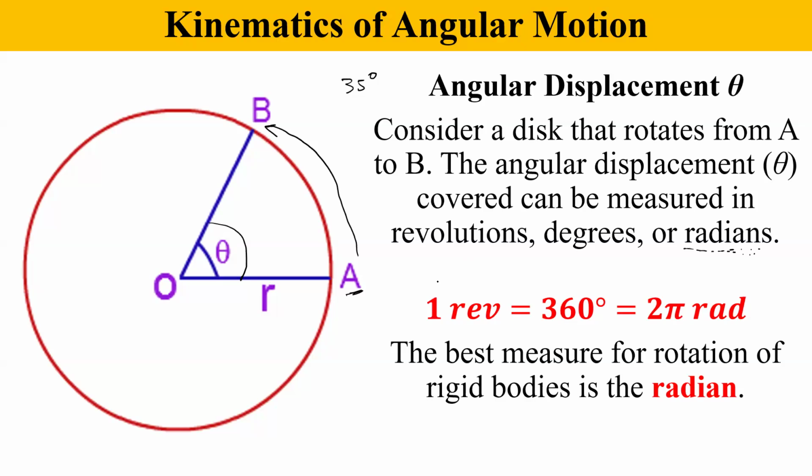It was discovered and established that 1 revolution is equal to 360 degrees. So for you to go around the entire circle, which is 360 degrees, we consider that 1 revolution.